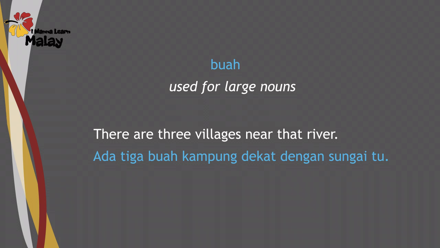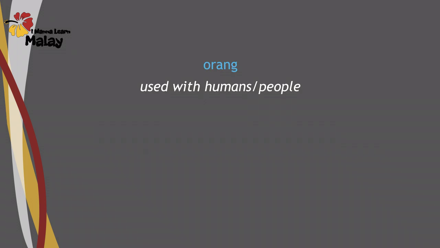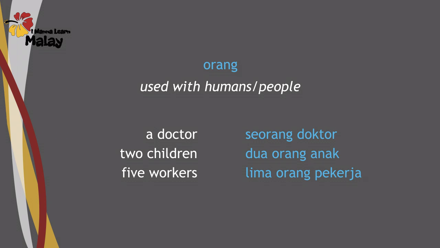The next penjodoh bilangan is orang. Orang literally means a person or people. So for example, if you want to refer to a profession, a doctor in Malay would be seorang doktor. 2 children, 2 orang anak.